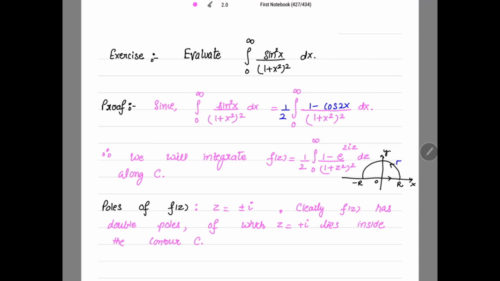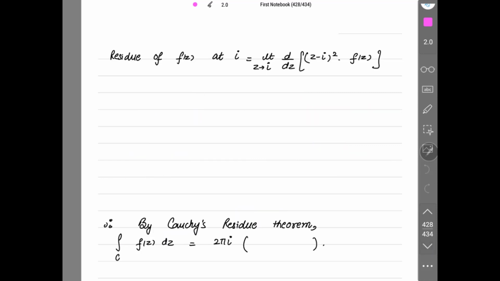Because I'm having the power in the denominator, I cannot use that short trick method. I have to apply the formula for the residue, and the formula is: residue of f(z) at iota is equal to limit z tends to iota d by dz of (z minus iota) whole square into f(z).